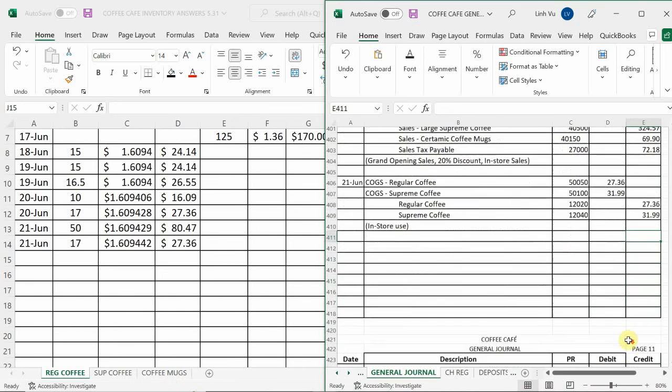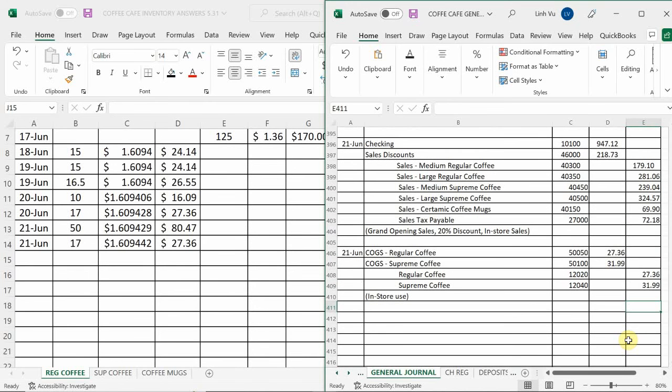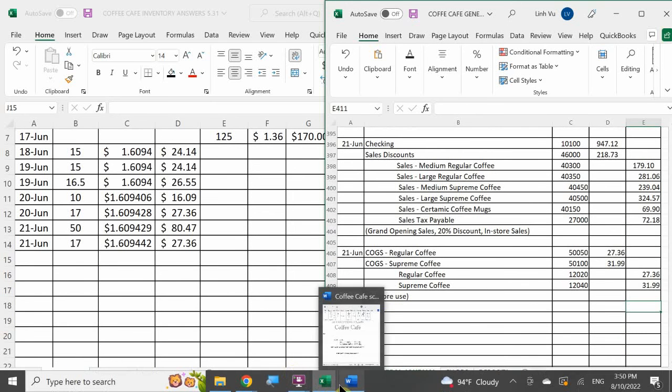Good. Okay, so what's next? We update the general ledgers on the cost of goods sold.